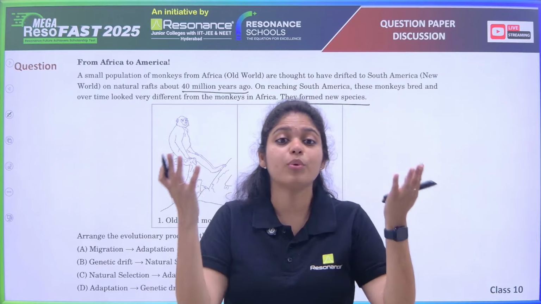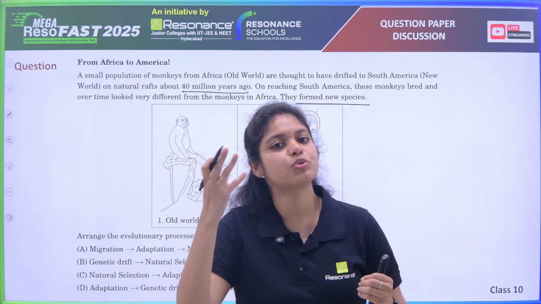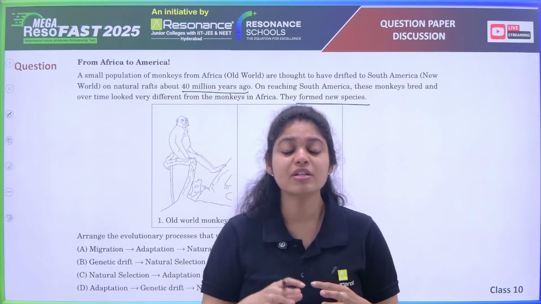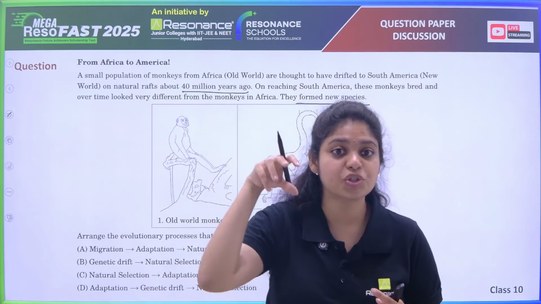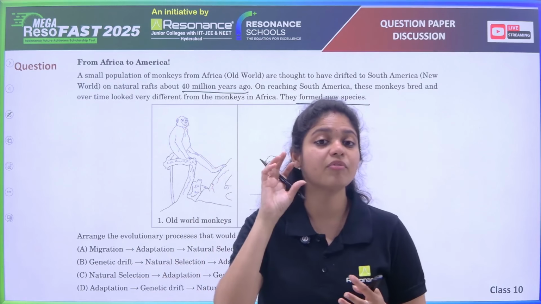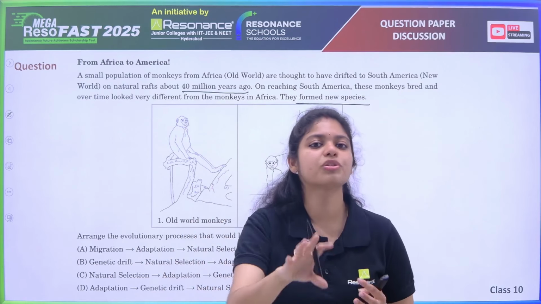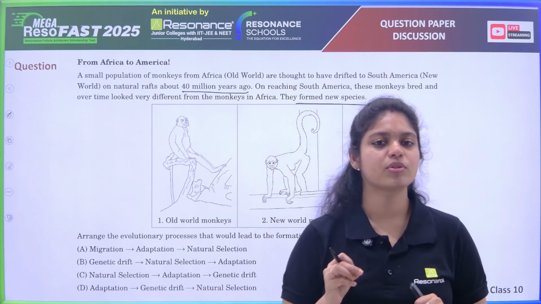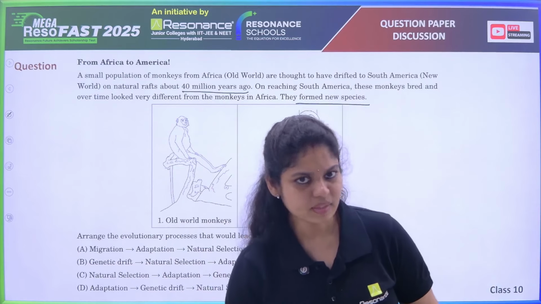Now it has come to a new environment. When it has come to a new environment, it has to adapt itself to the new environment, right? There will be selective pressure over it from the surrounding nature. That is what is called natural selection.